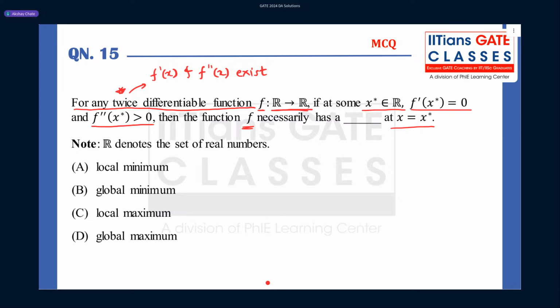And global minimum, as the name suggests, implies that for all the values, or in this case for all the real numbers, that x star, which is the global minima or maxima, has f dash of x star equal to 0, and f double dash of x star greater than 0 or less than 0, depending on the minima.